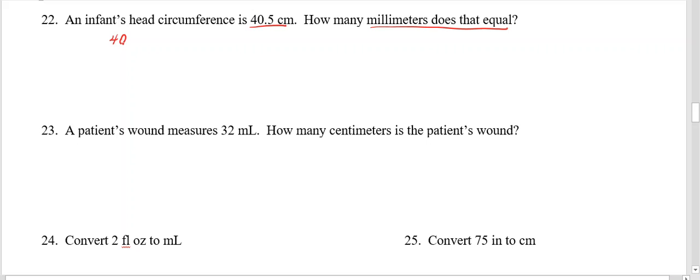So I'm going to have 40.5 centimeters is going to equal how many millimeters. So we're going to use dimensional analysis just like we did in the last video. We need to remember, not milliliters, millimeters.